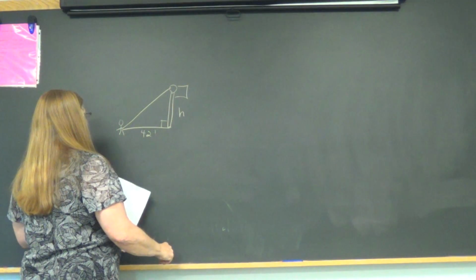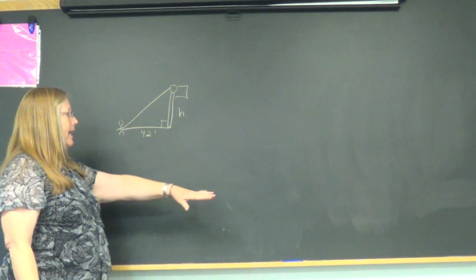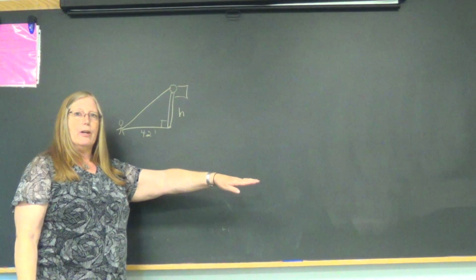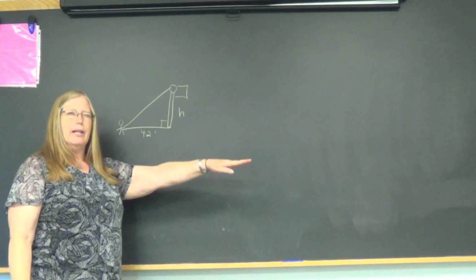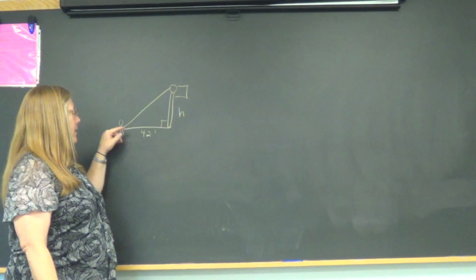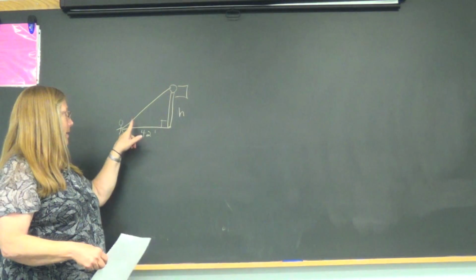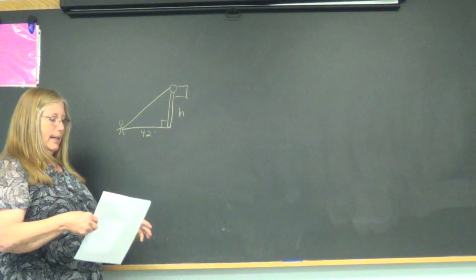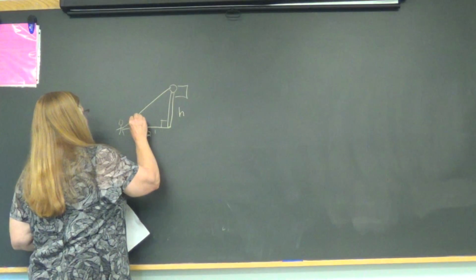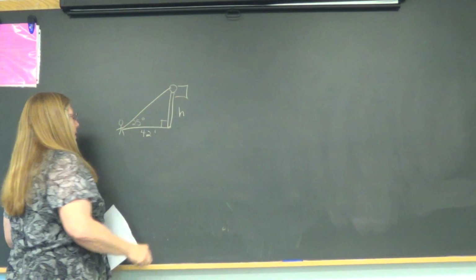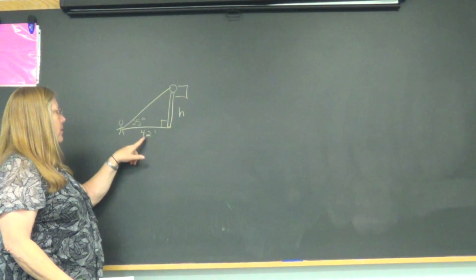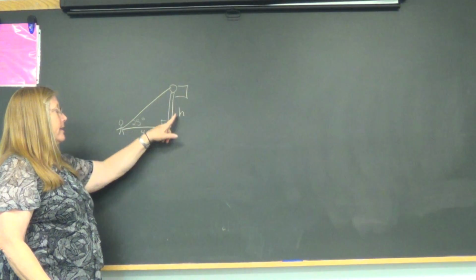We are told the angle of elevation. In class we learned an angle of elevation always starts from a horizontal and moves upward. So the horizontal must be here, and it moves upward. So the angle we're describing is right there. That's 25 degrees.